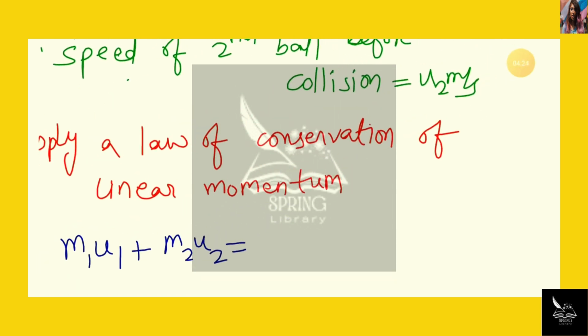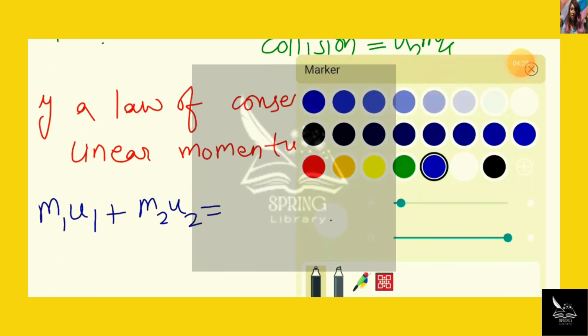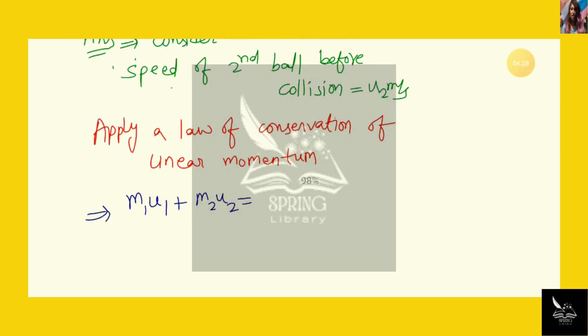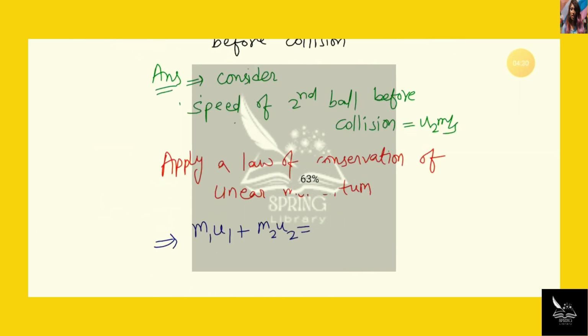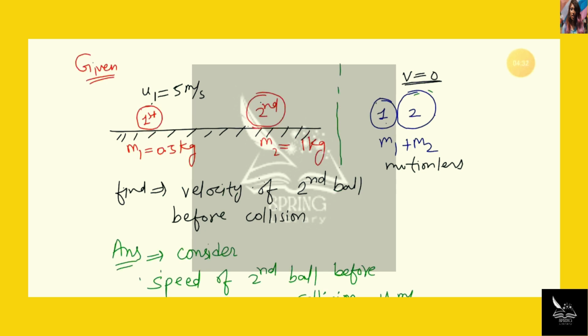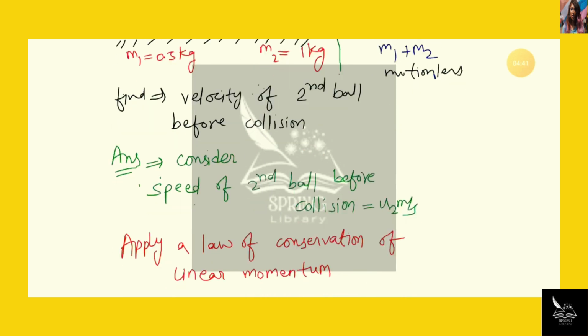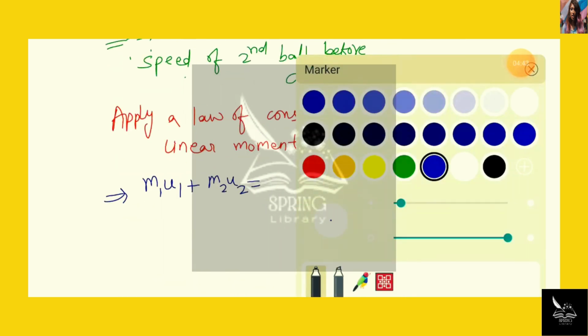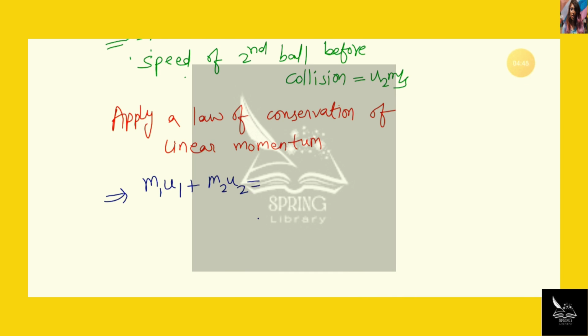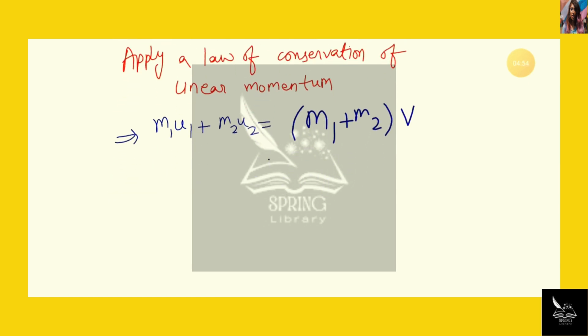You can see in the figure that after collision they are stuck to each other, so the mass is added and the final speed v is equal to 0. So the right side will be m1 plus m2 times v.